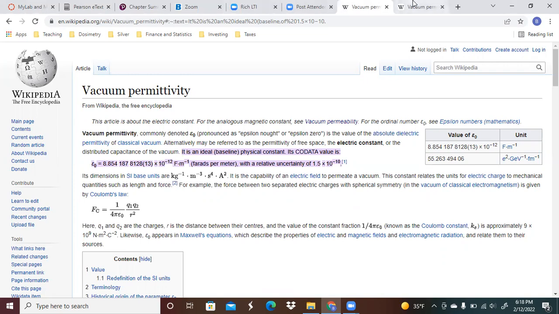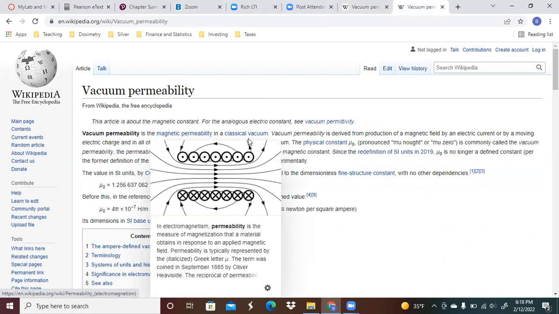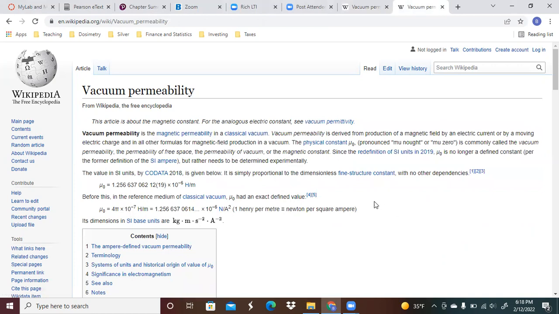Mu naught, on the other hand, is going to deal with the magnetic permeability of a classical vacuum. So mu naught, that's the Greek letter mu. Think of a magnetic field. Mu starts with M, magnetic starts with M. And so it discusses how permeable that vacuum is for allowing a magnetic field to form.